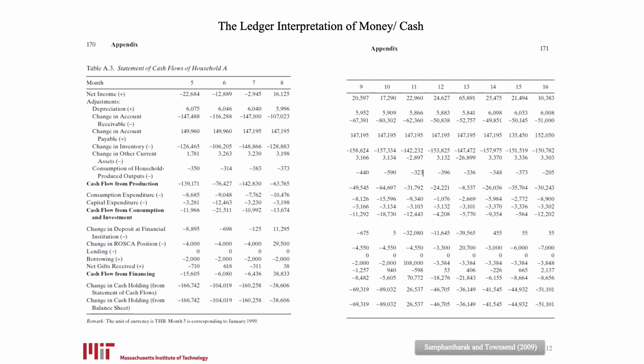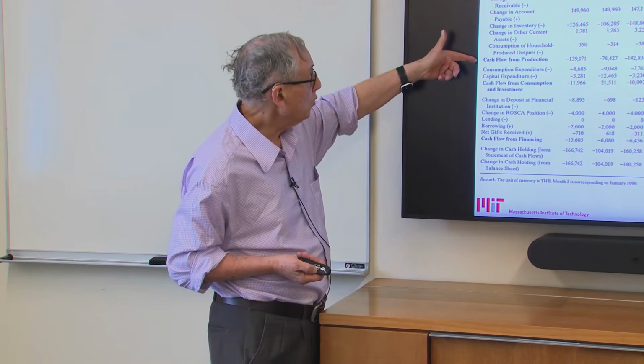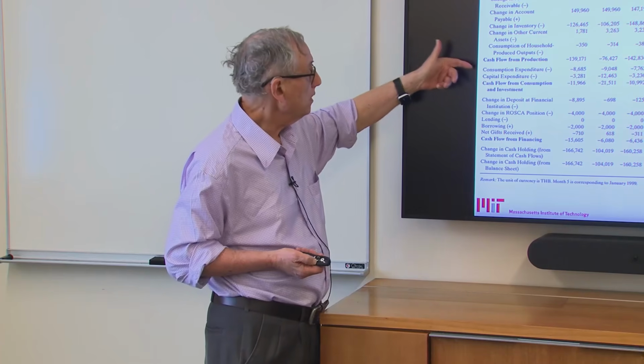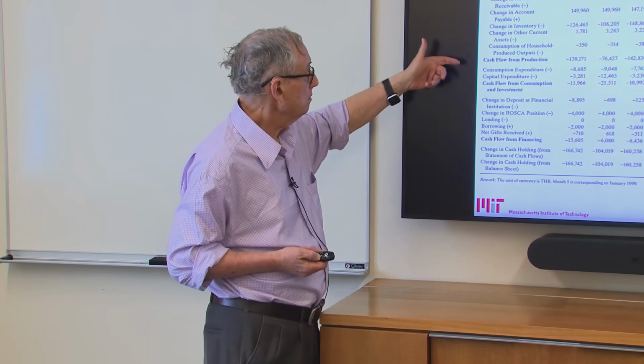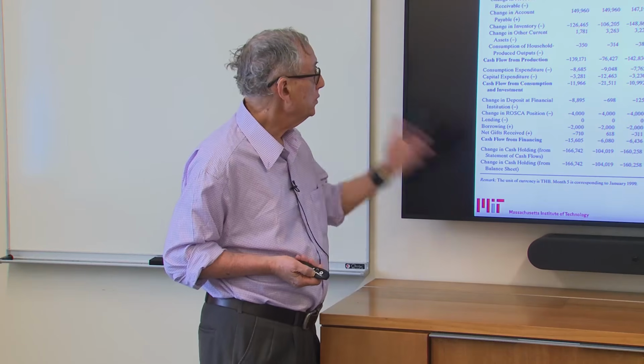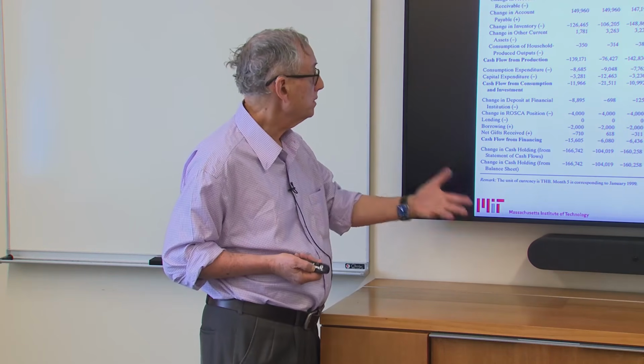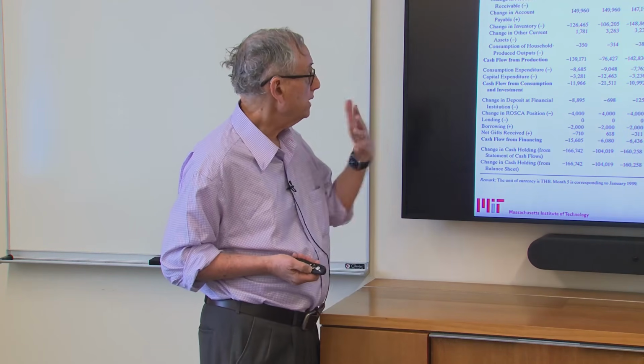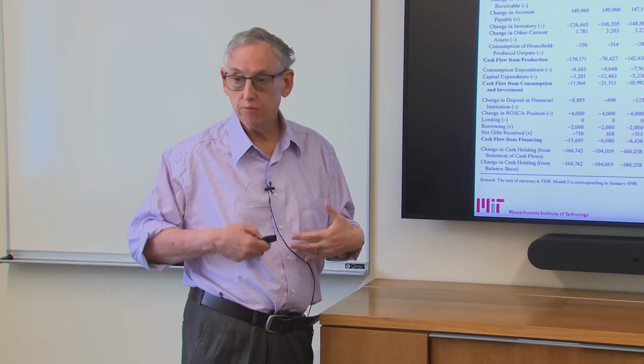Okay. Here's a view of the cash flow account. So what we want is cash flow from production. Now, it's a little more complicated than you might think. The basic idea is that when you use cash, say currency, to buy inputs, that is an outflow of cash. And when you sell your crop, for example, for cash, you have an inflow.